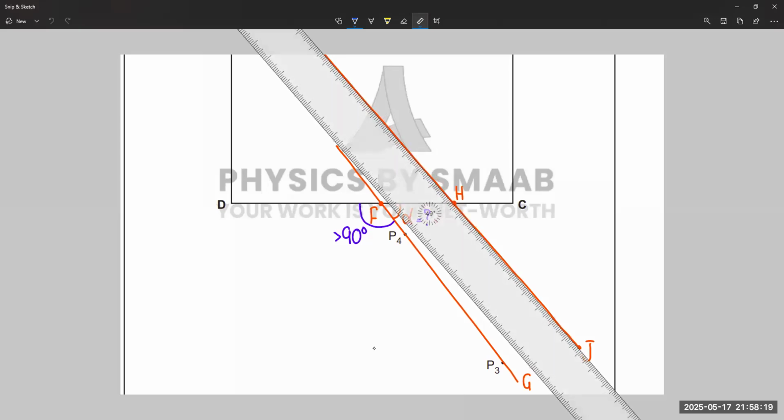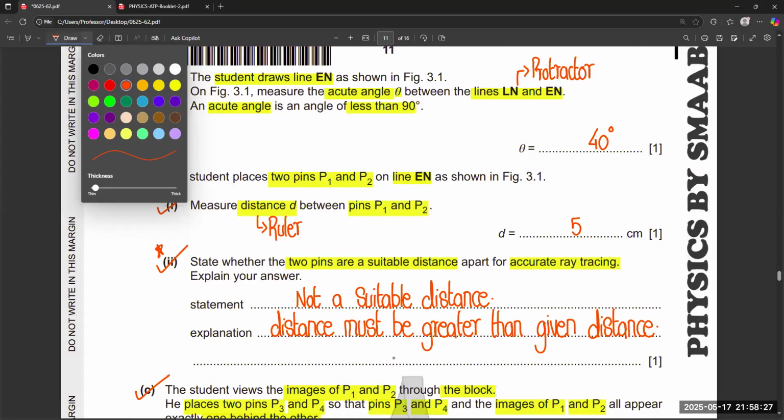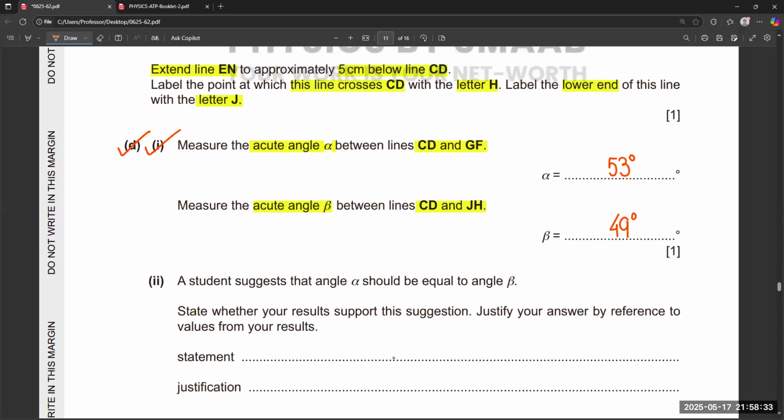It is 49. So there is a minor difference. This is 49. Again, we measure both angles with the help of the protractor, not from calculation.